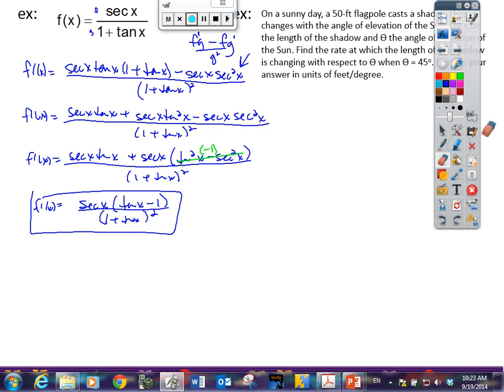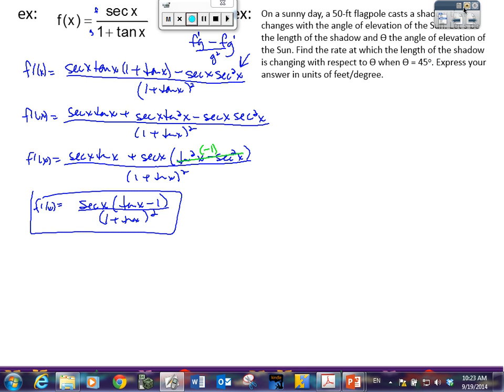All right, so let's take a look at the last problem up here. Let's kind of walk through it. This one says, on a sunny day, a 50-foot flagpole casts a shadow that changes with the angle of elevation of the sun. So the scenario is the shadow is changing with the angle of elevation of the sun. Let S be the length of the shadow and theta the angle of elevation of the sun.